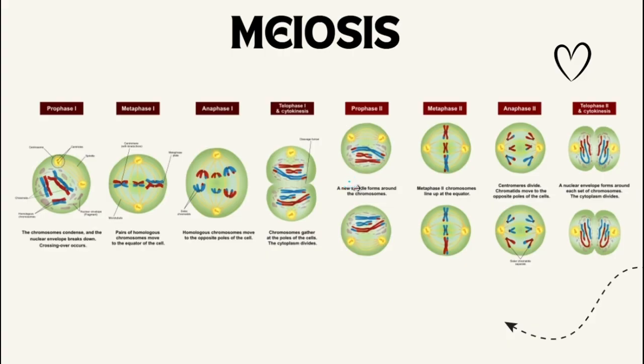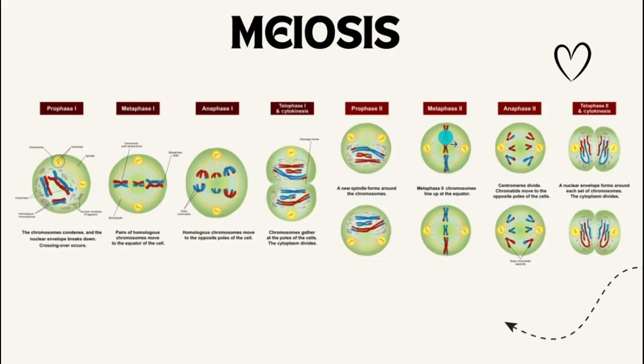In prophase 2, basically the same thing is going to happen. Chromosomes will become condensed, and the centromeres are going to separate to the opposite ends of the cell. Metaphase 2, these are chromosomes lining up at the equator. In metaphase 1, we had homologous pairs, tetrads lining up at the equator, 4 chromatids, 2 chromosomes.